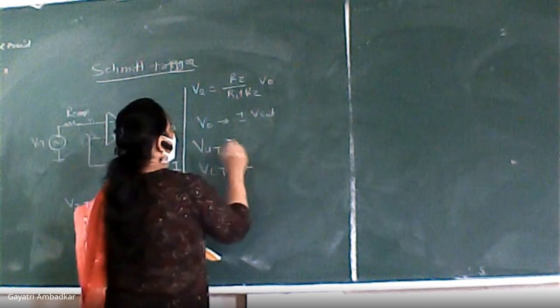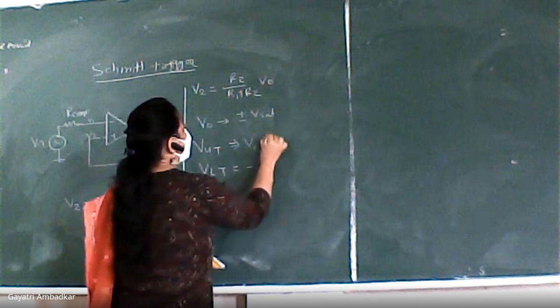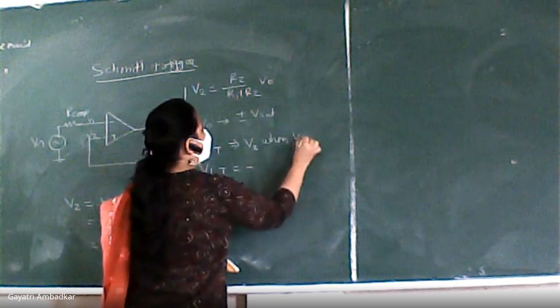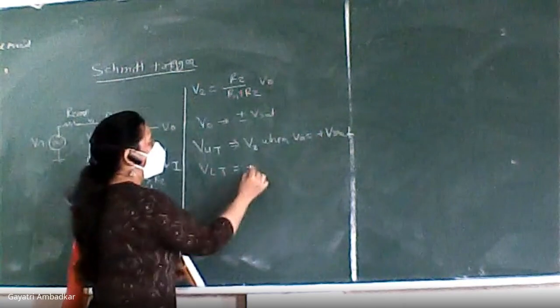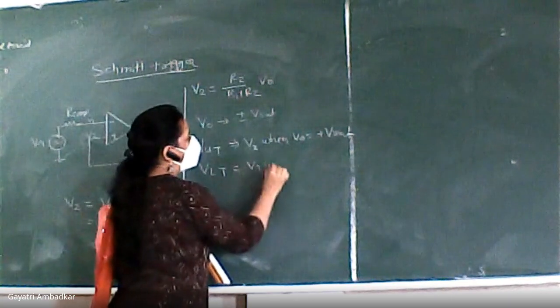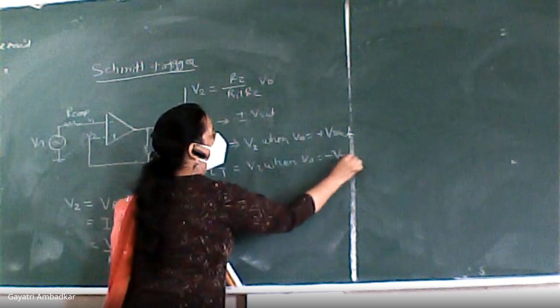What is upper threshold? It is the value of V2 when VO is equal to plus VSAT, and what is VLT? It is the value of V2 when VO is equal to minus VSAT.